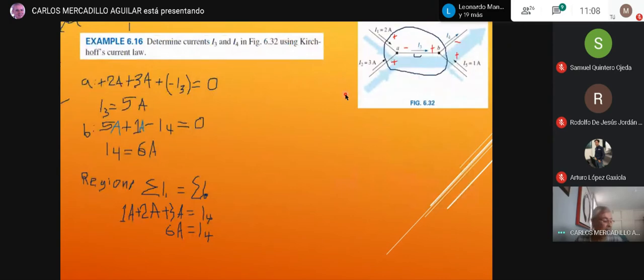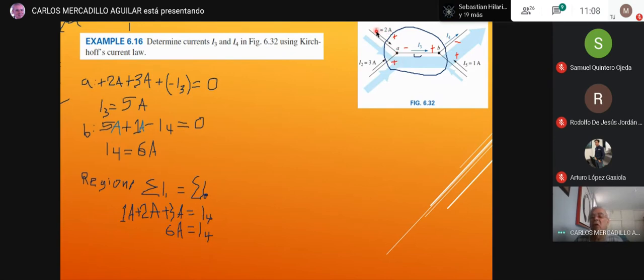Okay, let's do this example that is illustrated like a river that has several streams or affluents. We can see here that we have 5 currents.